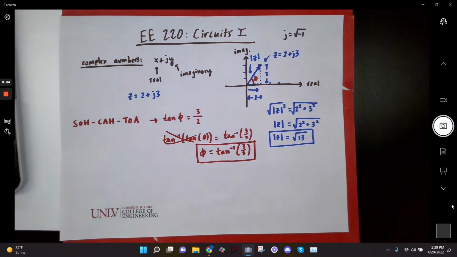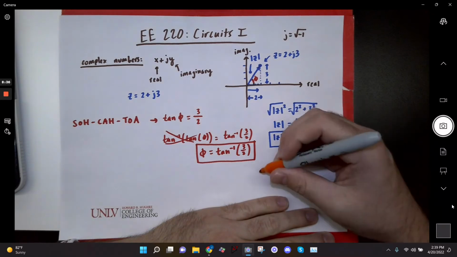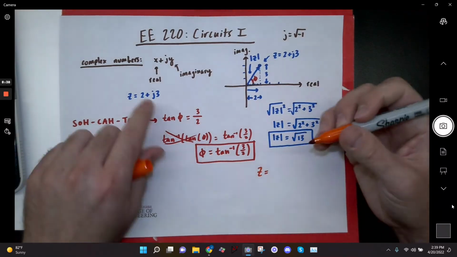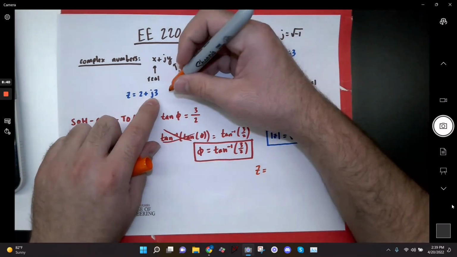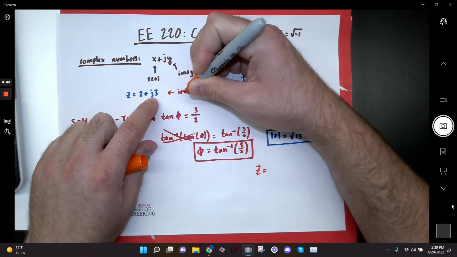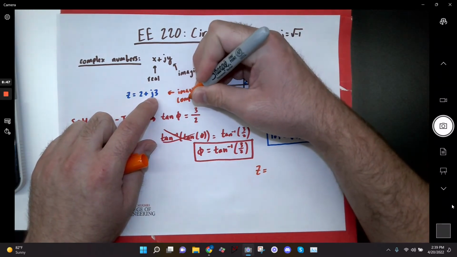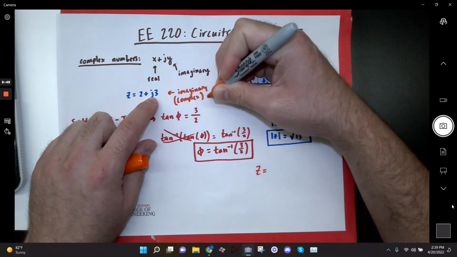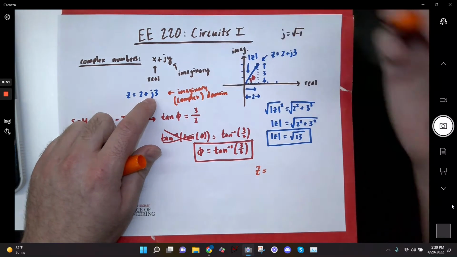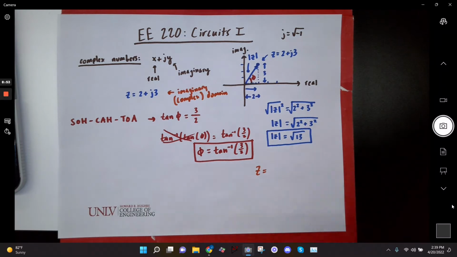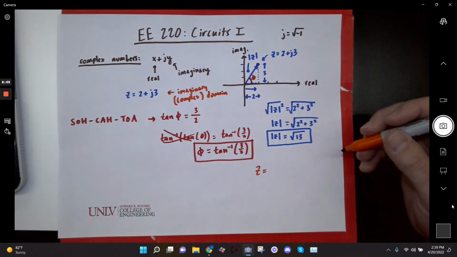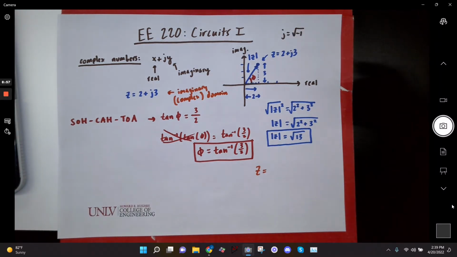56 degrees, 56.3. So it'd be z, this complex number, which was 2 plus j3 in the imaginary, or the complex domain is what we'd call it. Or also called rectangular, okay? In polar form, how many guys remember polar coordinates?